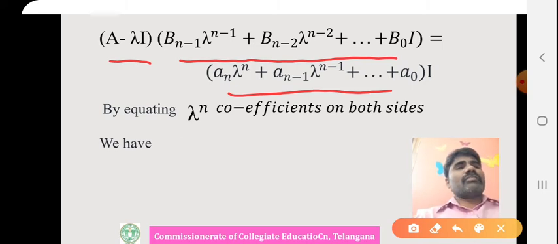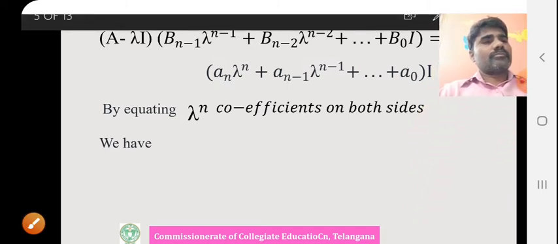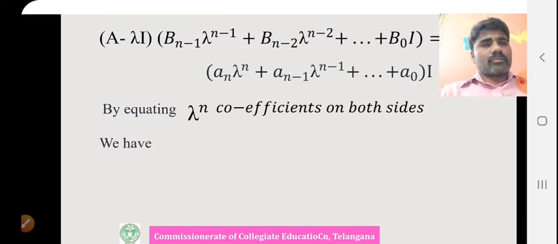From these equations we collect the coefficients of lambda power n on both sides.